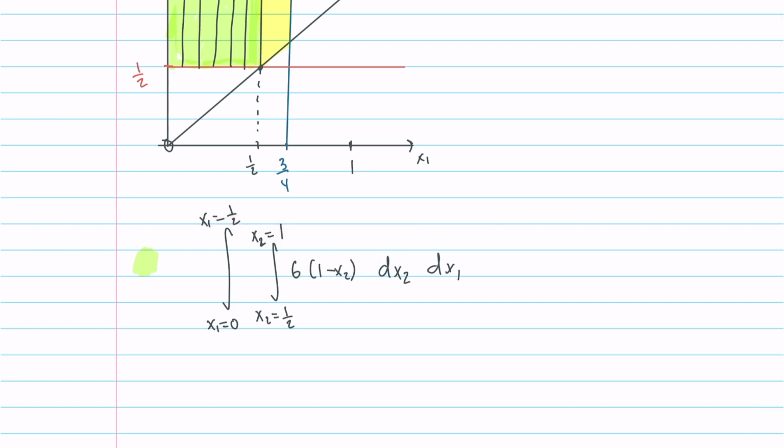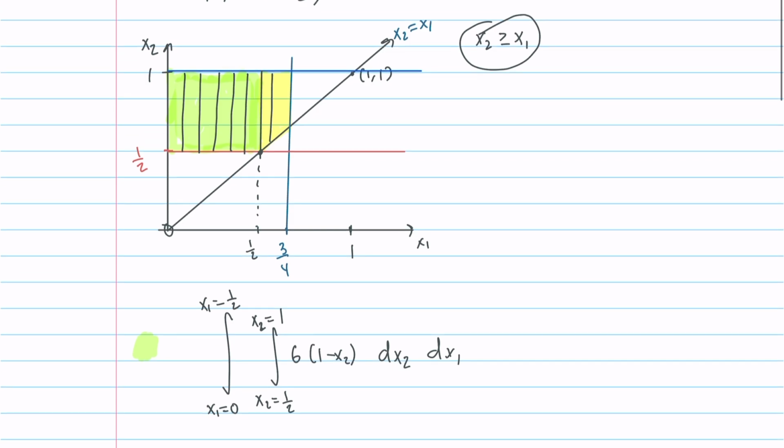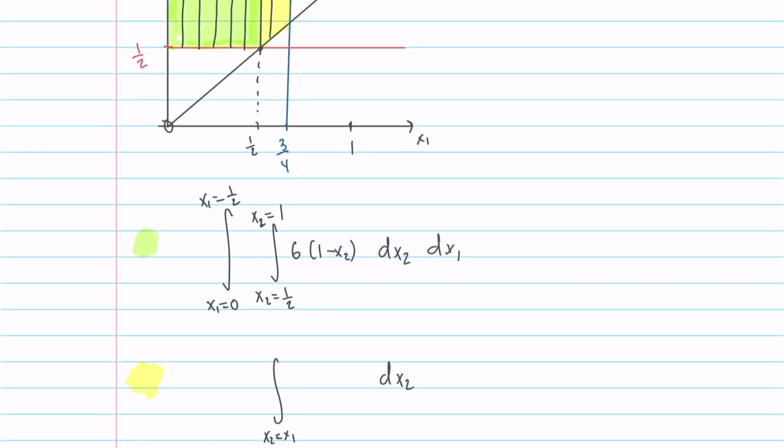And for the yellow part, if we go this way, they're constant functions, so that's going to be our inner integral, again dx2. dx2 in the yellow area is bounded below by the line x2 is equal to x1, and the upper bound is the constant function 1.